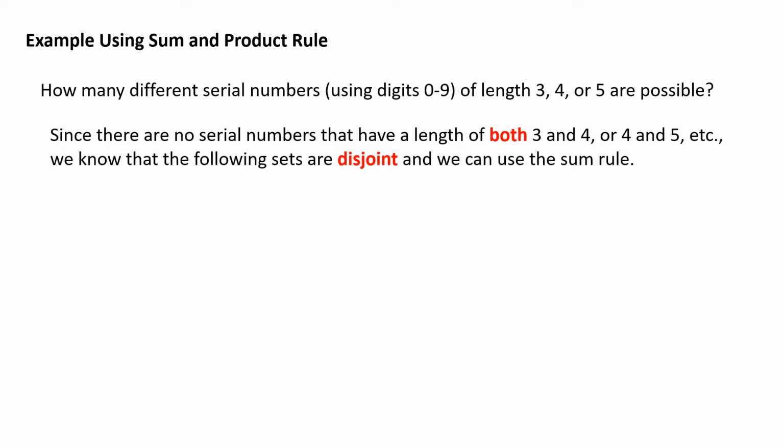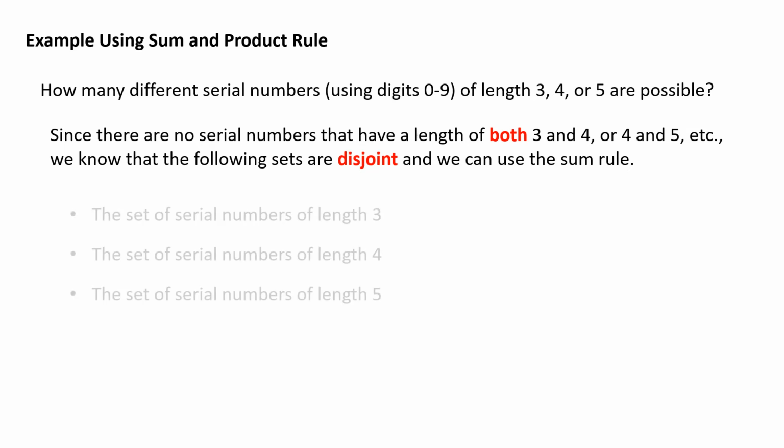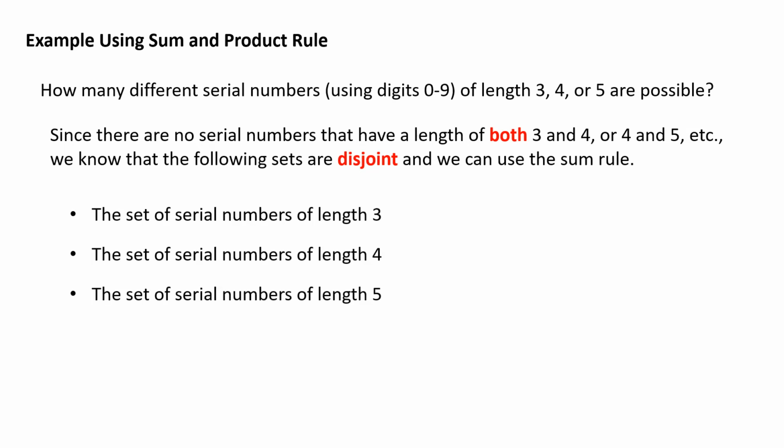There's no serial number that has 2 different lengths. So these sets are disjoint, so we can use the sum rule. First, we find how many serial numbers of length 3 we have using the generalized product rule. Then we find the number for length 4 and for length 5, and then we add them together, because that's what the sum rule says we can do.